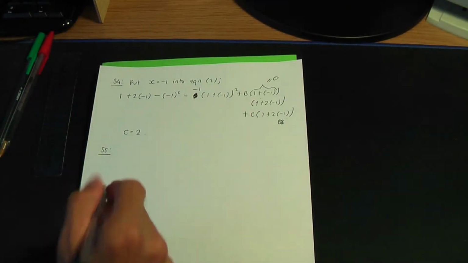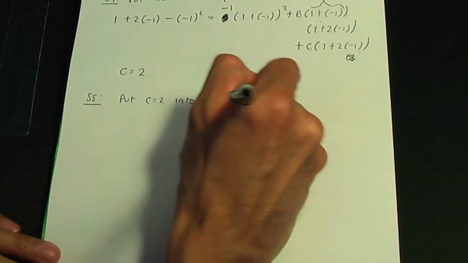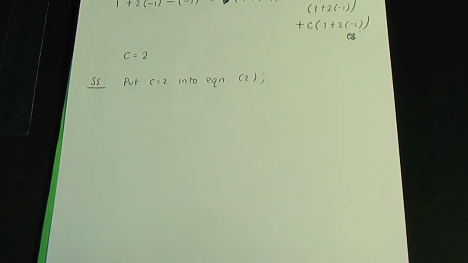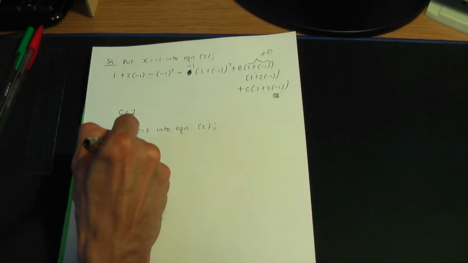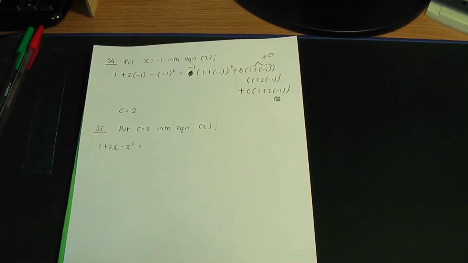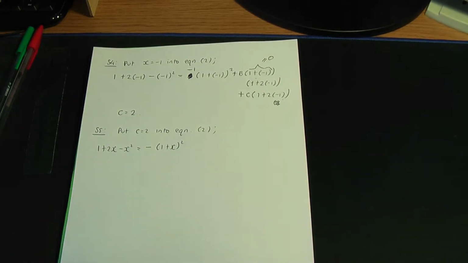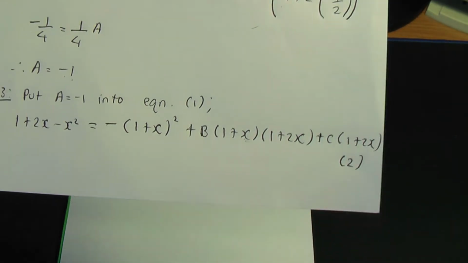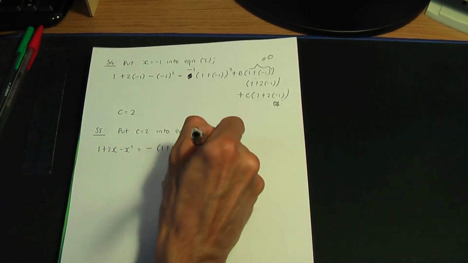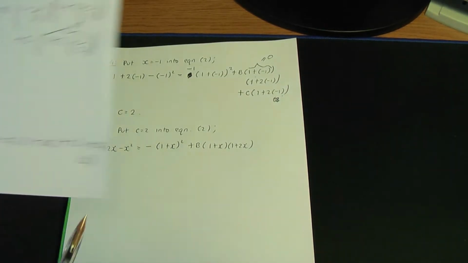When we do this, we're going to have 1 plus 2x minus x squared equal to minus 1 into 1 plus x squared, plus b into 1 plus x into 1 plus 2x, plus c.